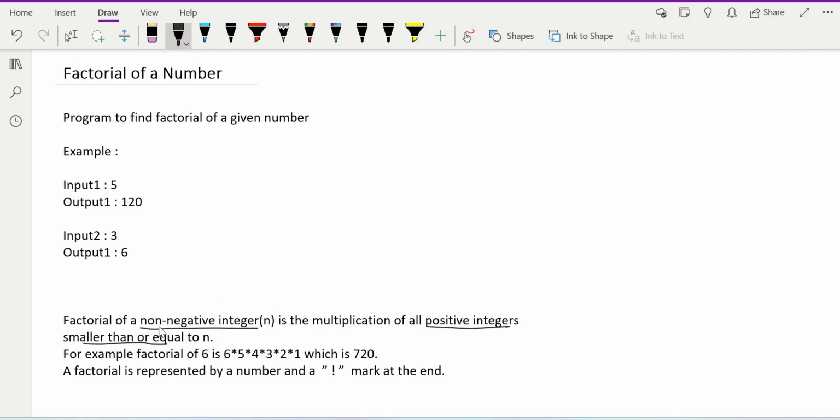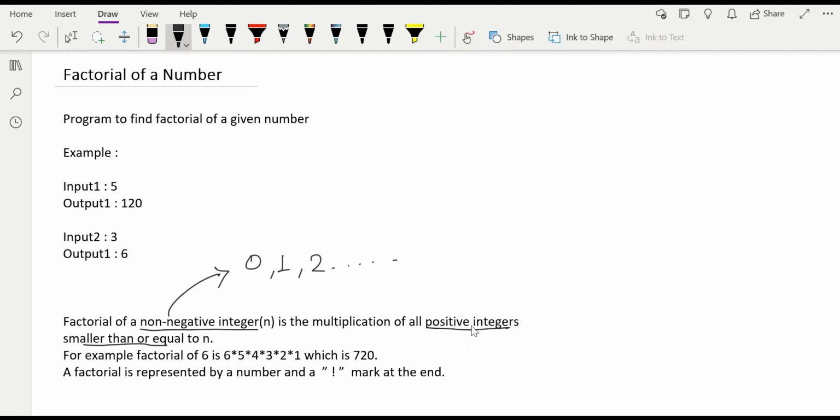So non-negative integer means the number or the integer which is not negative. So you can consider 0 here. So we can consider 0, 1, 2 and so on. Okay. So these are non-negative integers. We can consider 0 here because 0 is not negative.